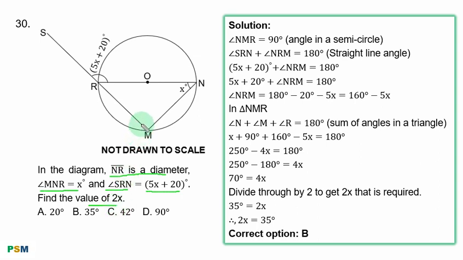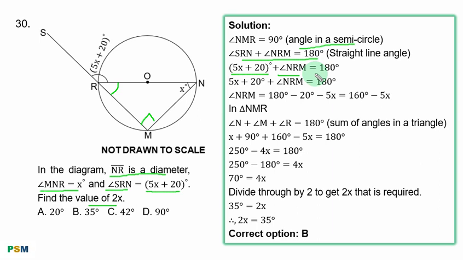This angle is 90 degrees because N arrow is a diameter. You have angle in a semicircle. We also need this angle. So if you add this angle and this angle, the sum is equal to 180 degrees.